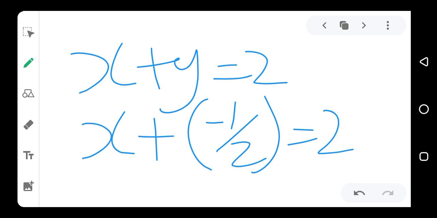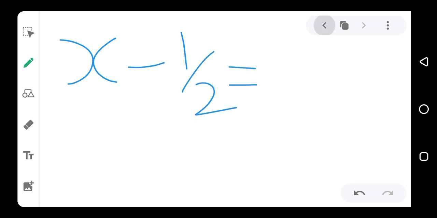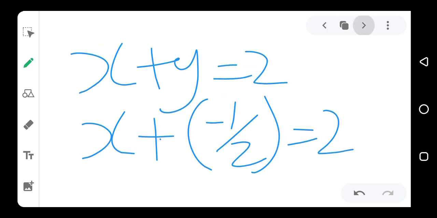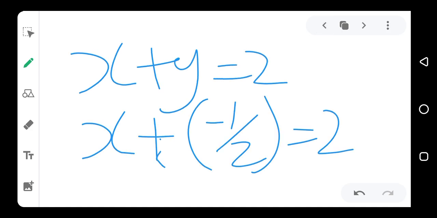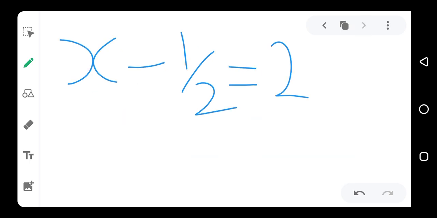What we have inside has a negative. Positive times negative is equal to negative. So we are now going to have x minus 1 over 2 is equal to 2. We clear the bracket and get this.